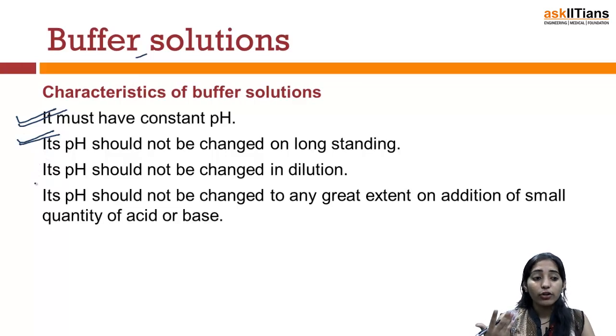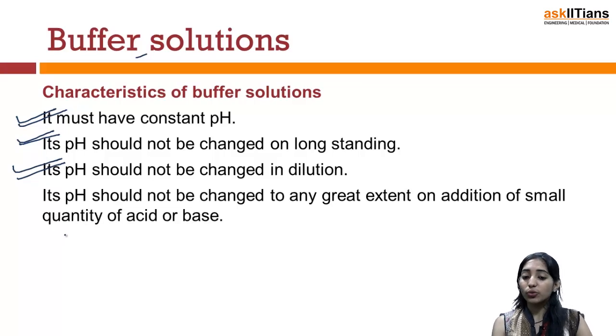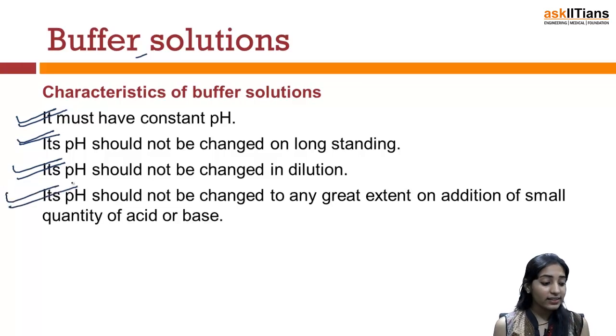If you dilute the solution, the pH should almost remain the same. And last but not least, its pH cannot be changed to any great extent on the addition of a small quantity of acid or base. These are the four characteristics you have to keep in mind, because only then will we be able to understand what buffers actually are.